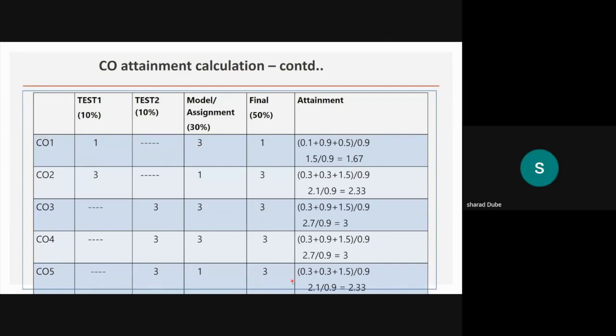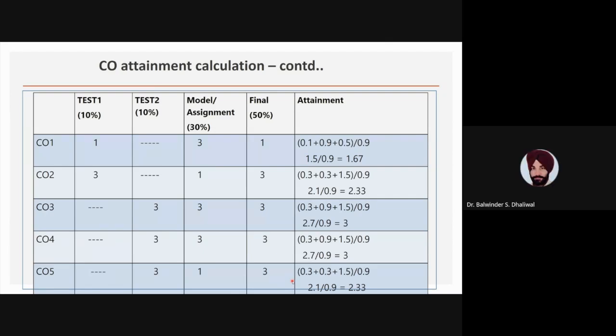So here, 30% weightage is considered for this model assignment assessment tool. Okay, and for CO1, for that model assignment, the student has achieved level 3. Yes, level 3. So 3 into 30 is 0.9.